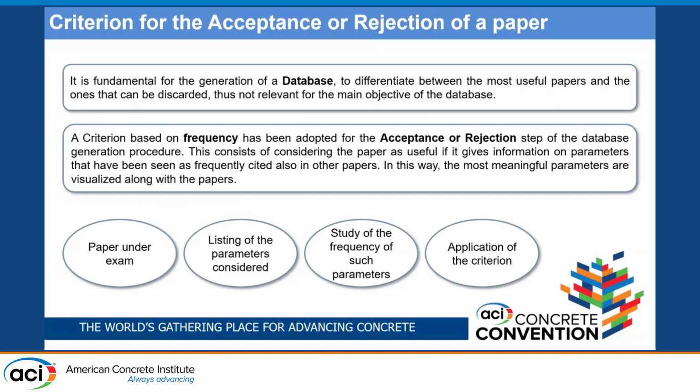I established a very popular criterion based on frequency: looking at the papers, if they give information on the very important parameters, I accept the paper, otherwise I reject it. How to establish if a parameter is important? It is because it is very, very frequent in the literature.